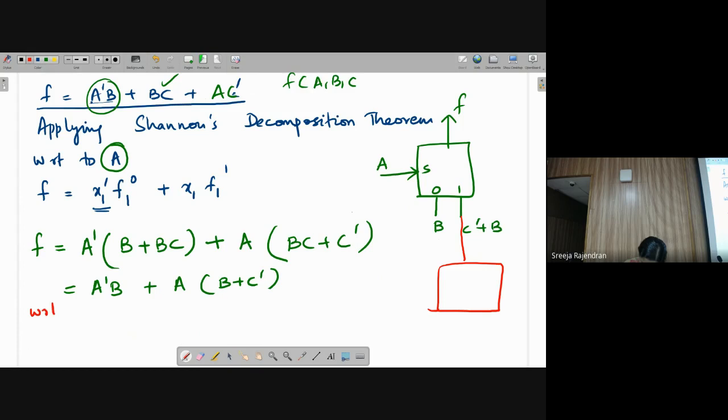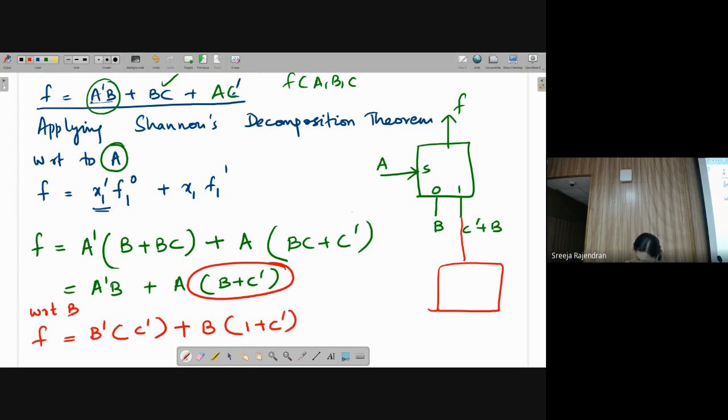So with respect to B, the function I am considering is only this much. B complement into B is 0, this becomes C complement plus B is 1. So B into, when B is 1, this becomes 1 plus C complement. Okay. 1 plus C complement is what? So B complement C complement plus B into 1.